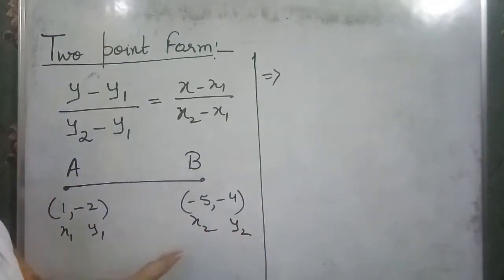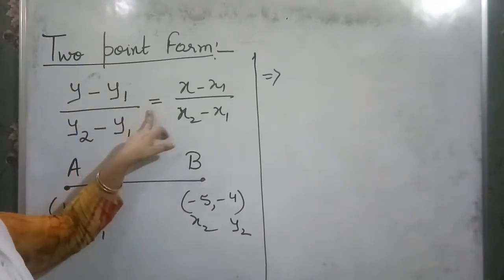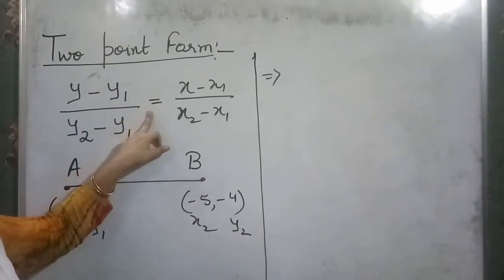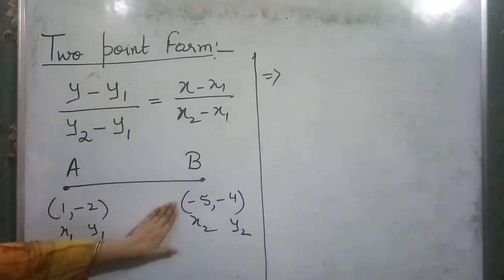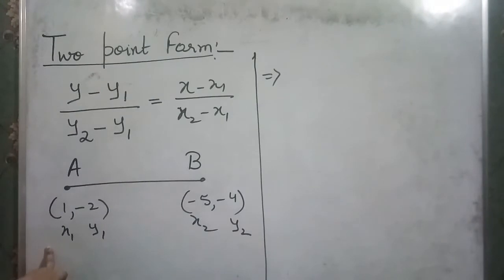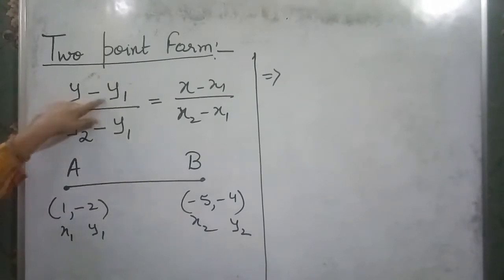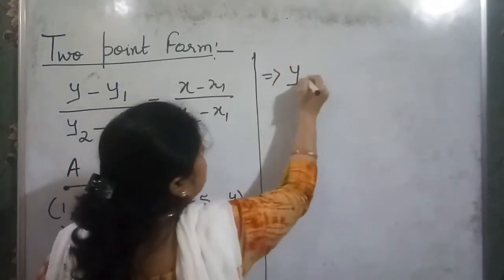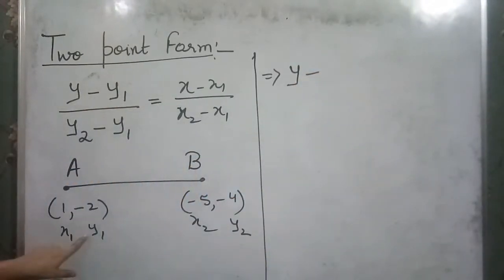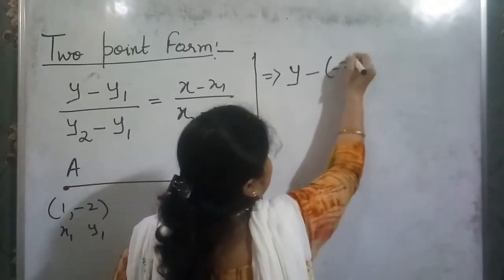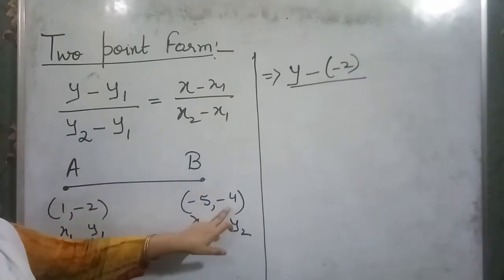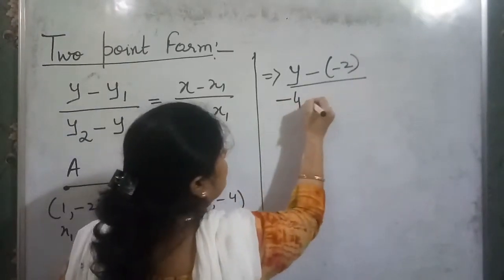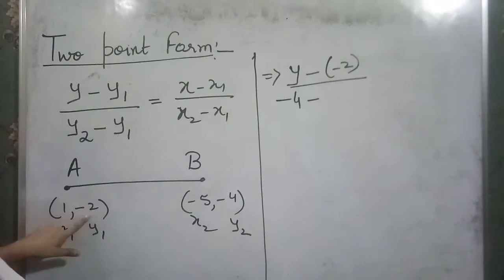You must write these things, otherwise when you substitute here you can get wrong answers because of the signs. So you must write in this way so that you will get the correct answer. y minus y1. What is y1? y1 is minus 2. So minus 2 upon y2 minus y1, that is minus 4 minus y1, minus 2.